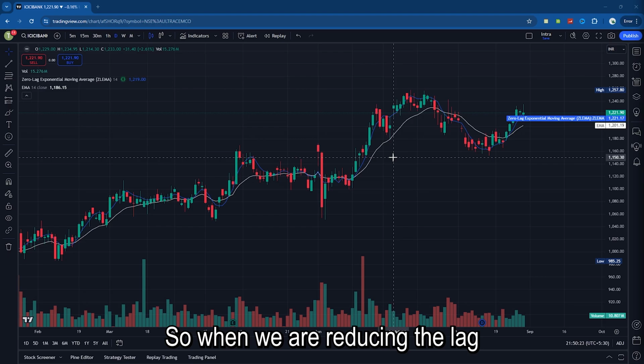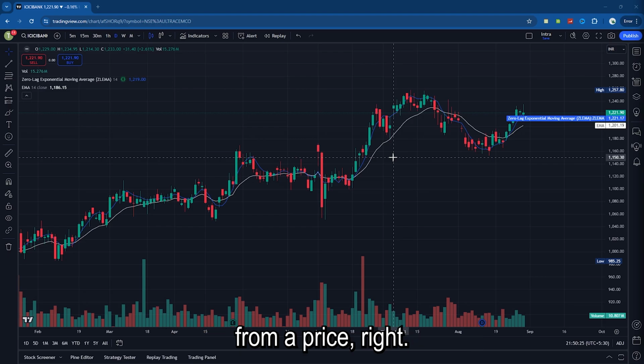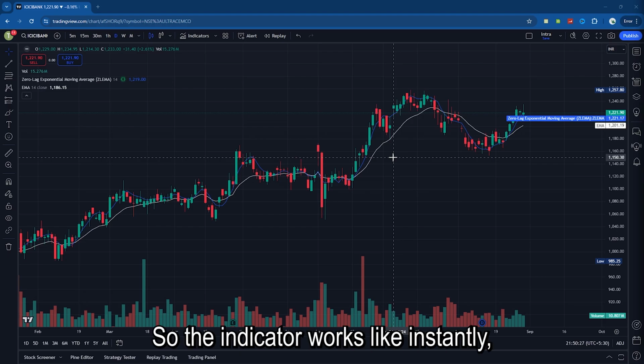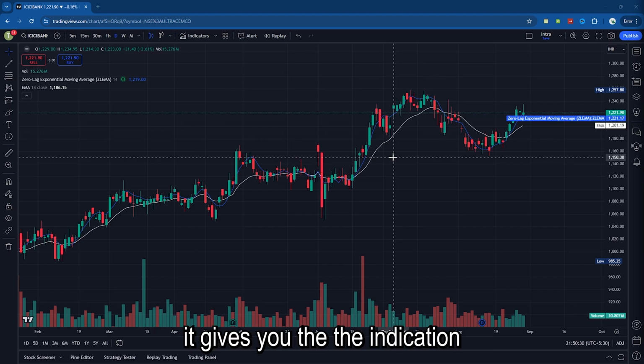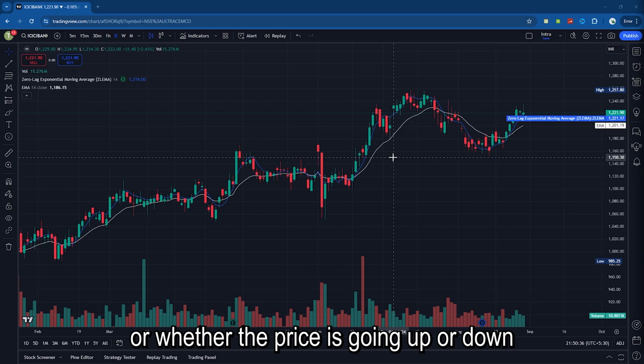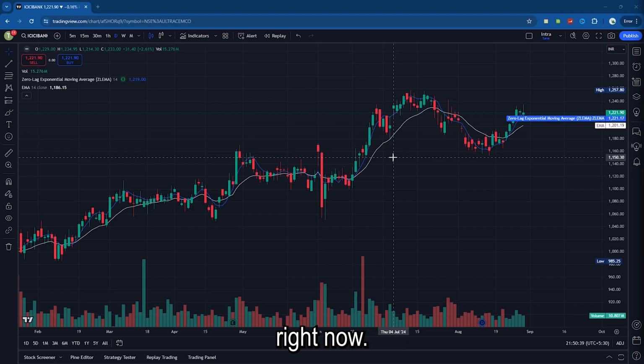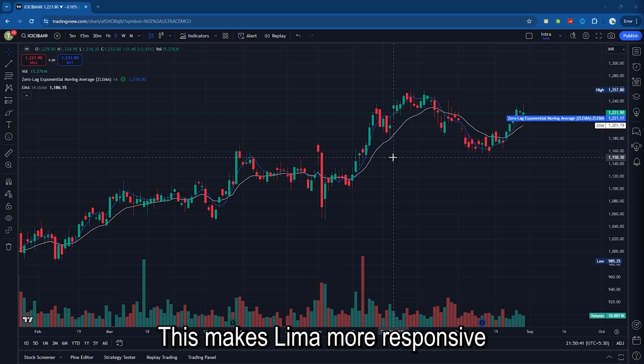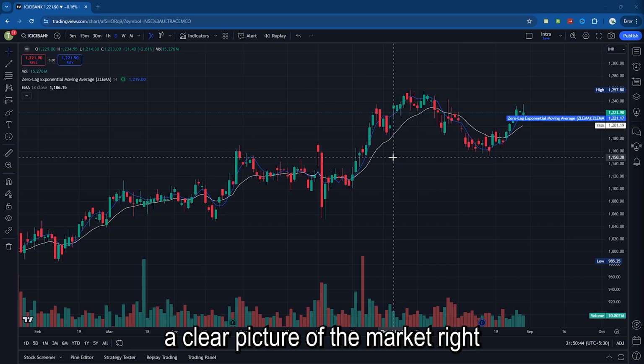When we reduce the lag from the price, the indicator works almost instantly. It gives you the indication of whether the price is going up or down. This makes ZLEMA more responsive to price changes, giving traders a clear picture of the market trend.